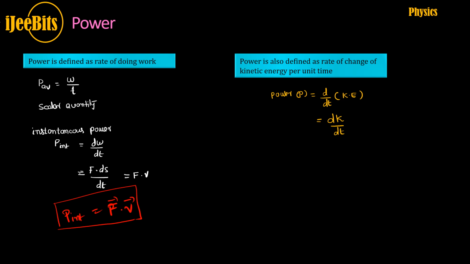The other way, the power is also defined as the rate of change of kinetic energy per unit time, because work done by time. So rate of change of kinetic energy by time is called your power. So dK by dt can also be considered as your power. So three ways you can define. Based on a scenario, you should be able to solve the problems related to power.